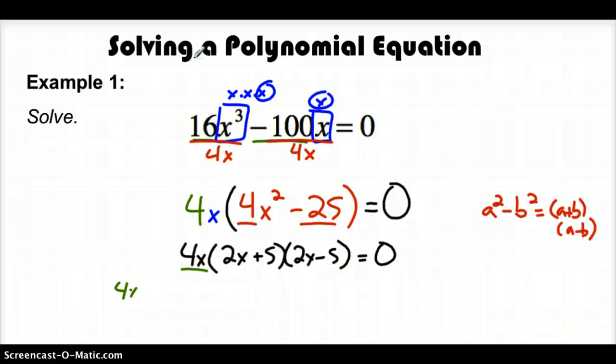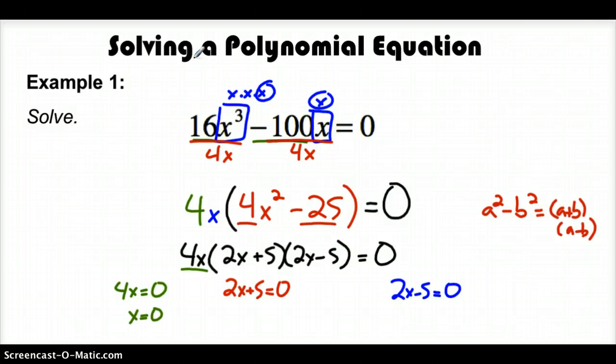So 4x equals 0, and I'll solve that. Then 2x plus 5 equals 0, and I'll solve that as well. And finally, 2x minus 5 equals 0, and I'll solve that. First I divide each side by 4 to get x equals 0. Again, that is one of our 3 solutions.